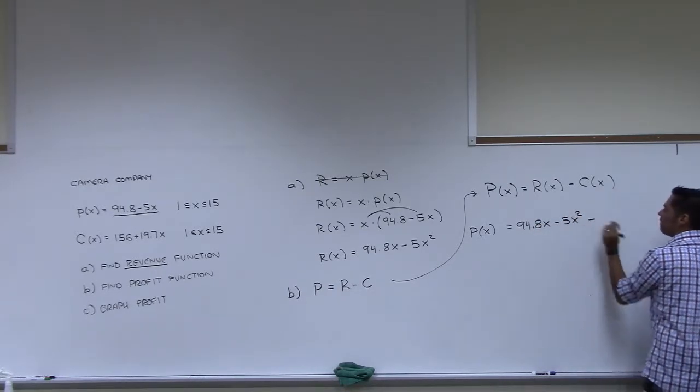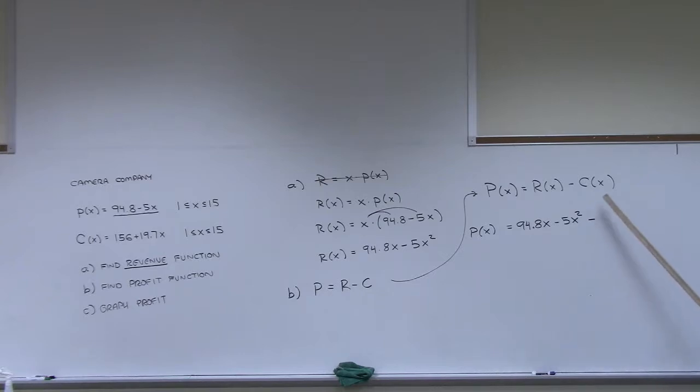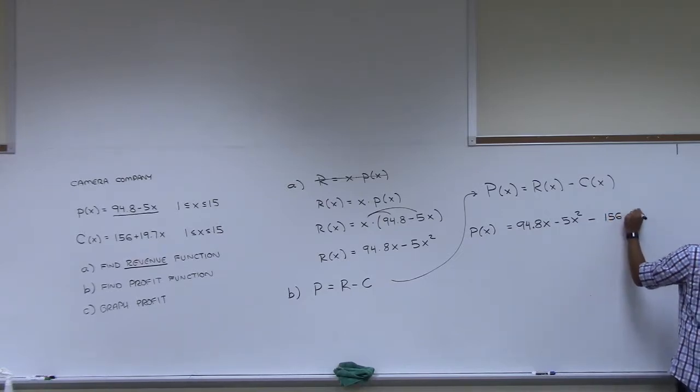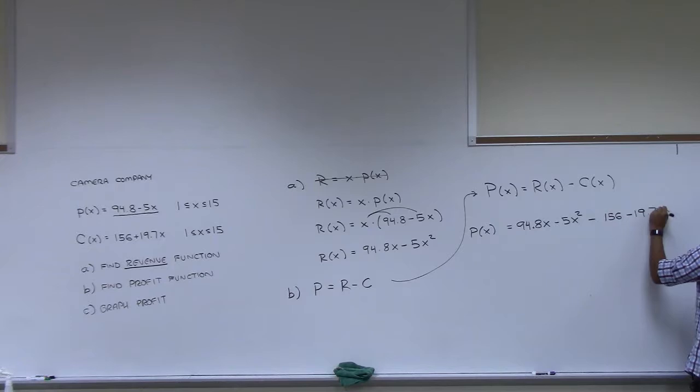And then we subtract from that C of x, which is the 156 plus 19.7x. 156 minus 19.7x. Is that correct? Got the revenue, and then I'm subtracting the cost. Is that correct? It's not correct. Thank you.